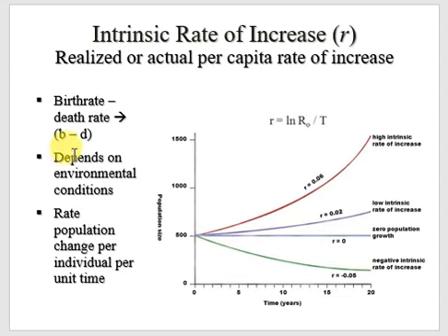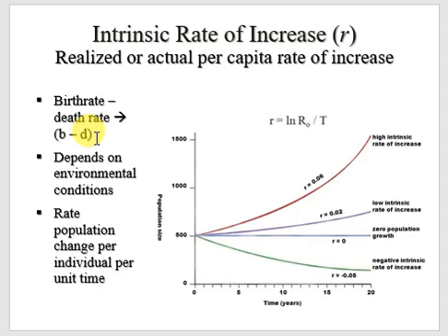So simply b minus d, right? That's in your closed populations. In an open population, r is equal to births plus immigration minus deaths plus emigration. So you're taking into consideration the influence of the movement factor.